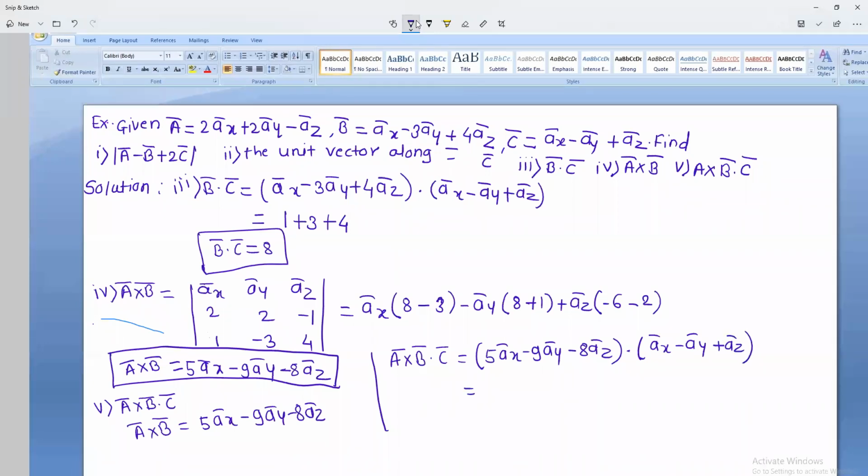So 5 into 1 is 5, then minus 9 into minus 1, that is plus 9, and minus 8 into 1 is minus 8. So it is equal to 6. So the last answer, a bar cross b bar dot c bar, is equal to 6.